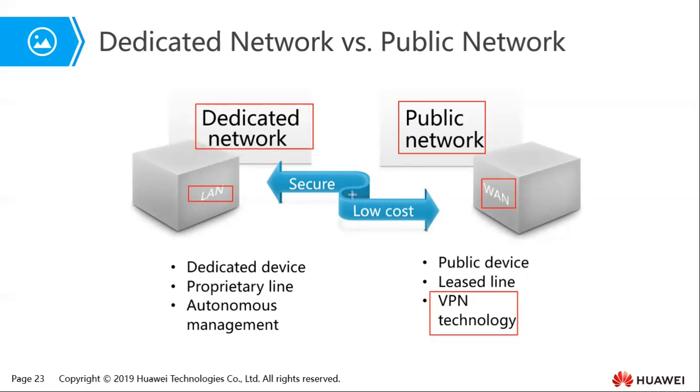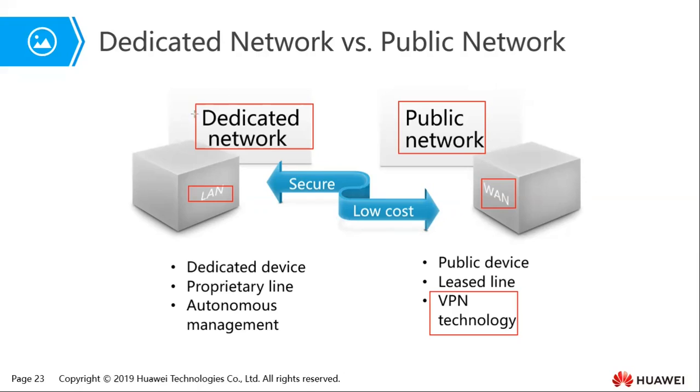For example, when we want to connect to our ISP, or we want to connect to a different campus. So that is the difference between a dedicated and a public network.